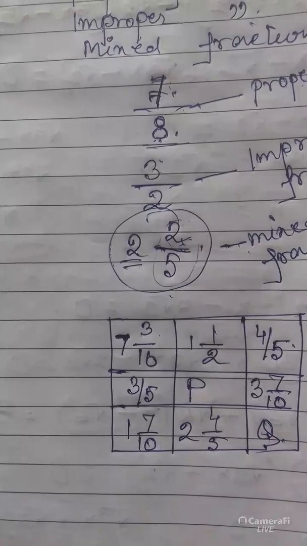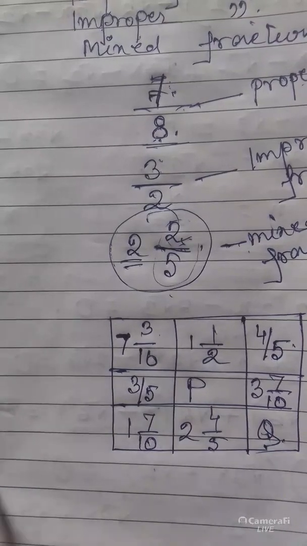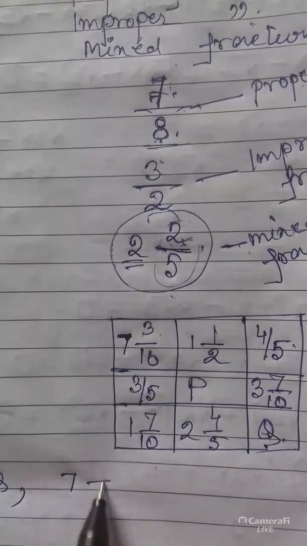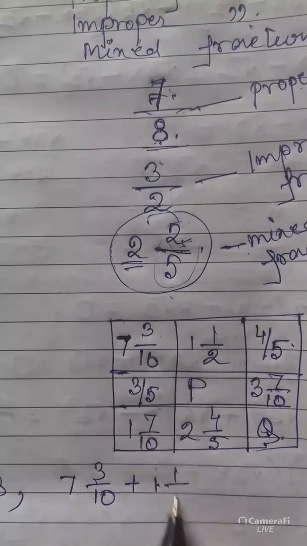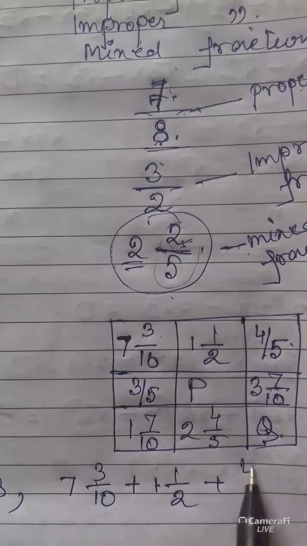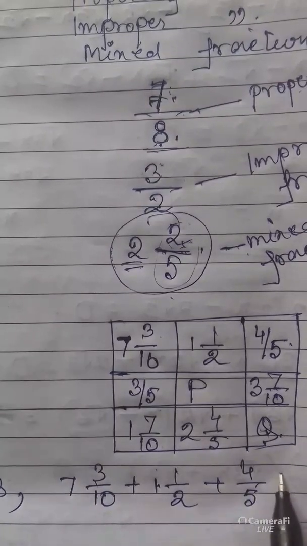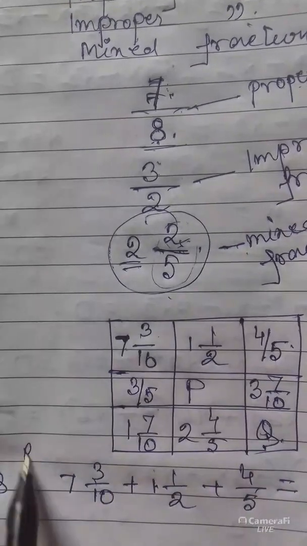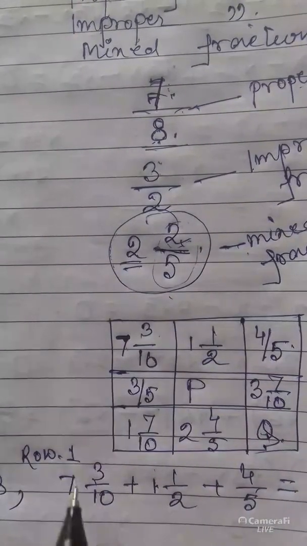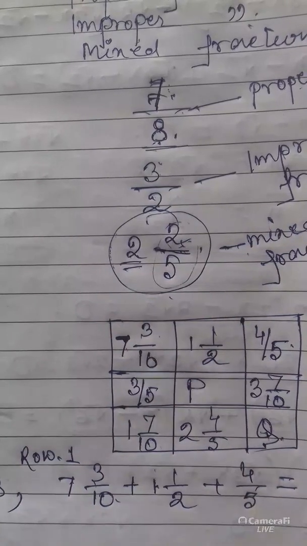So according to the question we can write: 7 whole 3 by 10 plus 1 whole 1 by 2 plus 4 by 5 equals the sum of row 1.